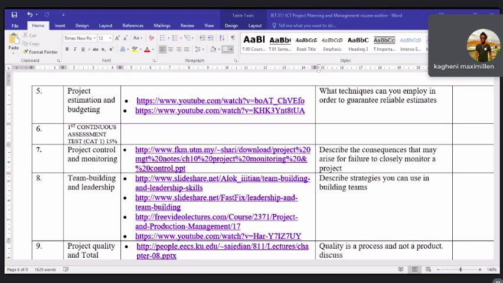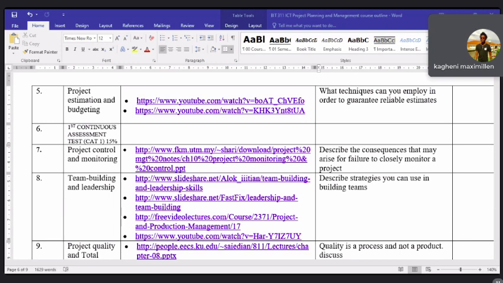We shall look at project control and monitoring, and be able to describe the consequences that may arise from failure to closely monitor a project. Some people manage activities without supervising them, and you wonder what kind of management style that is.